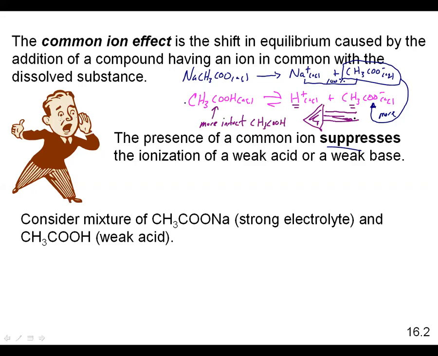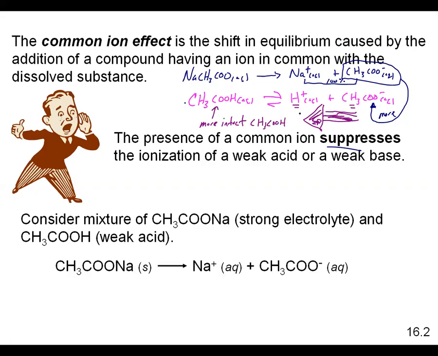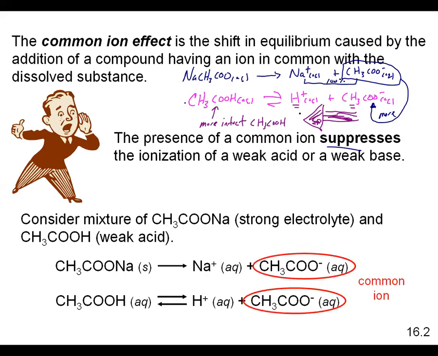So by adding this common ion, it's going to cause that shift to the left-hand side. And what it's going to essentially do is keep that acid together. And when it keeps it together, that means that in terms of free H plus, like on the right-hand side here, we will actually have less free H plus.